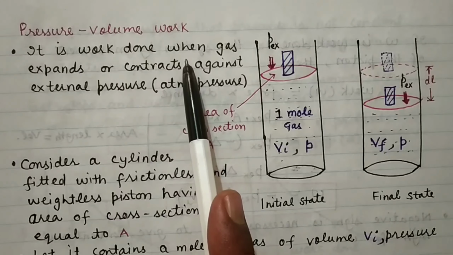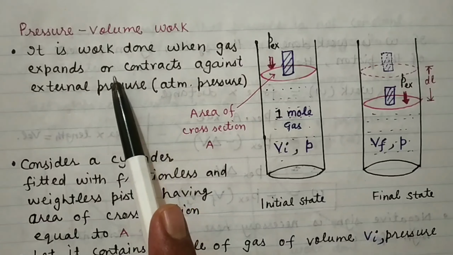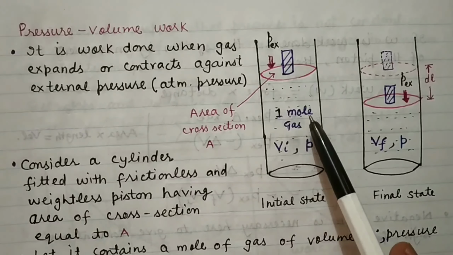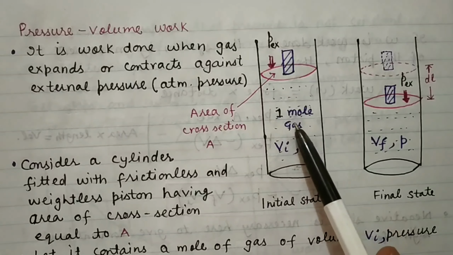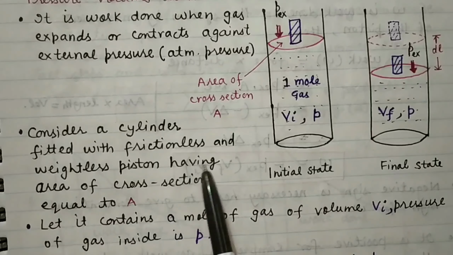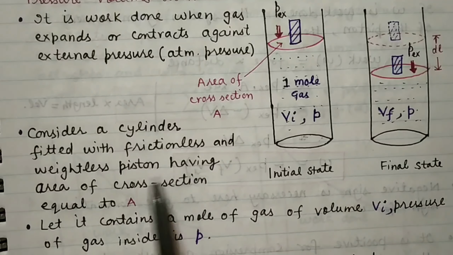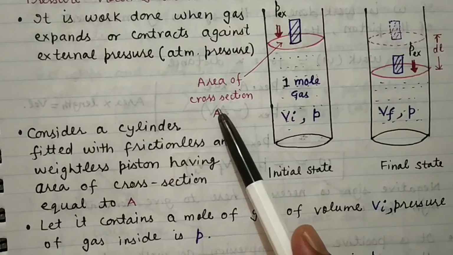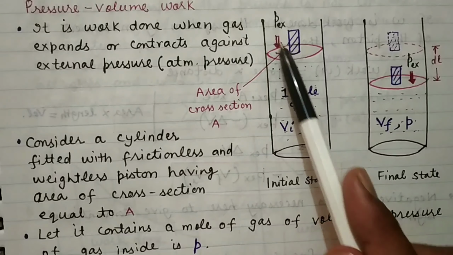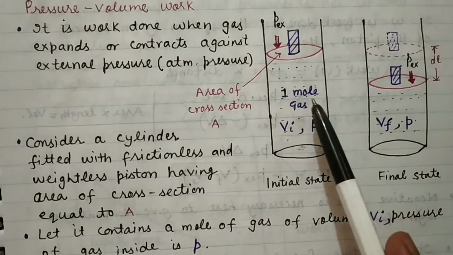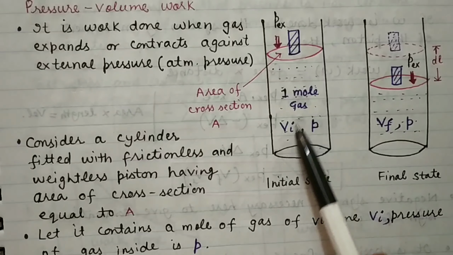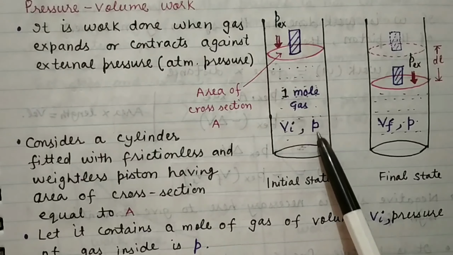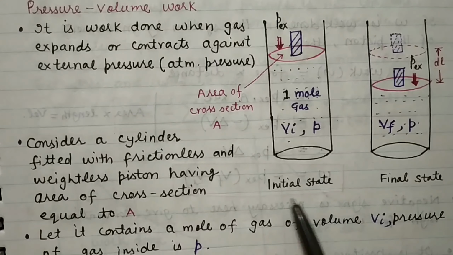We have considered a cylinder fitted with a weightless and frictionless piston having area of cross section A, and here this is the external pressure which is acting on the piston. We have taken 1 mole of a gas having pressure P, initial volume Vi. So this is the initial state.